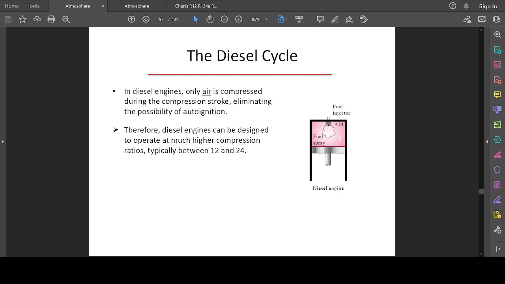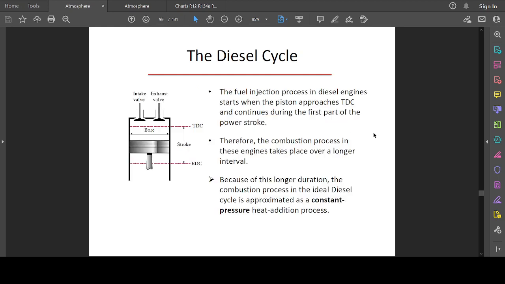So as it goes in, it auto ignites. The fuel injection process in the diesel engine starts when the piston approaches the TDC and continues during the first part of the power stroke.